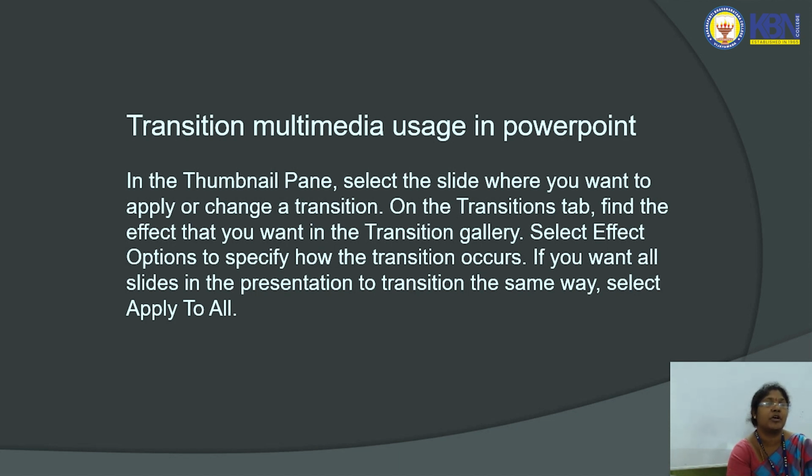If you want all slides in the presentation to transition the same way, select Apply to All. Otherwise, you can go for individual effects, which will affect only that particular selected slide. Afterwards, you can give different slides different effects. This is called a transition in a multimedia presentation. By using these, we give an attractive presentation.